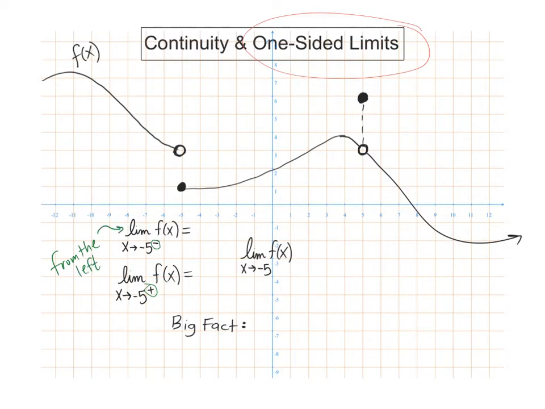We indicate that we want to talk about approaching it this way with that little negative sign. I'm coming from the negative. So as I follow that green arrow towards negative 5, I am getting closer and closer to a height of 3. All right? As I follow from the right, that little positive means I'm coming in this way. That's what this little positive means, from the right.